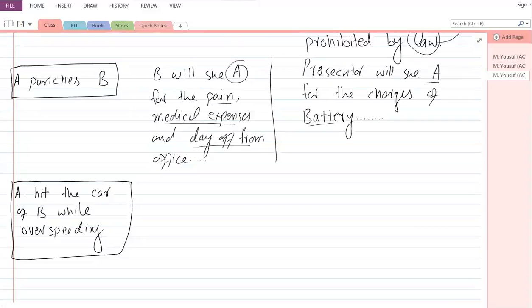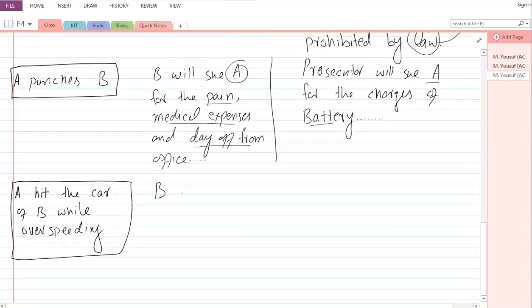So there is damage to B's car. He needs compensation for the damage to the bonnet of the car and the headlights that have broken. So he needs compensation because it was A's negligence. He was driving by overspeeding. So what will happen?